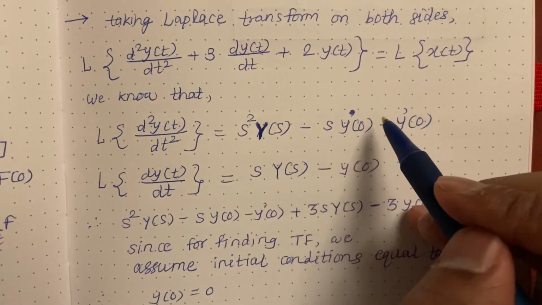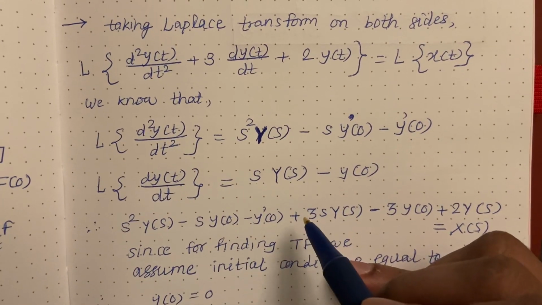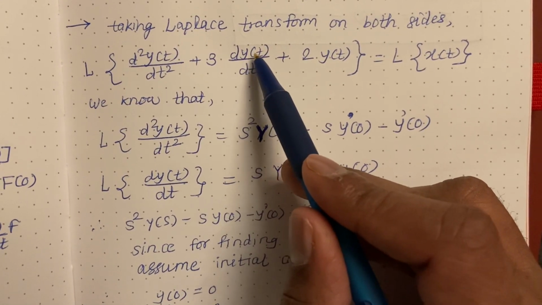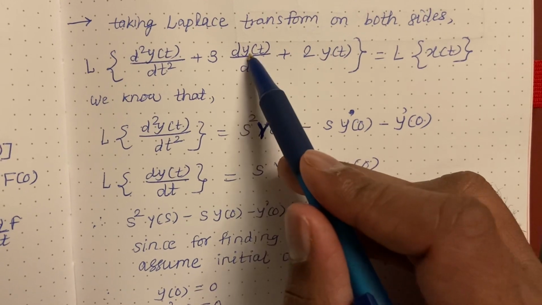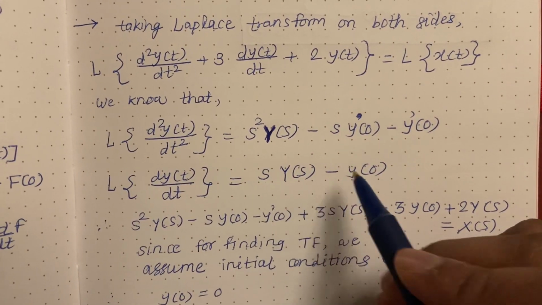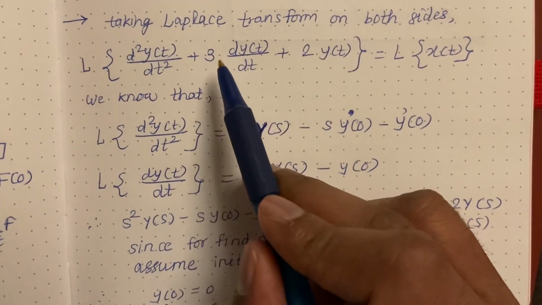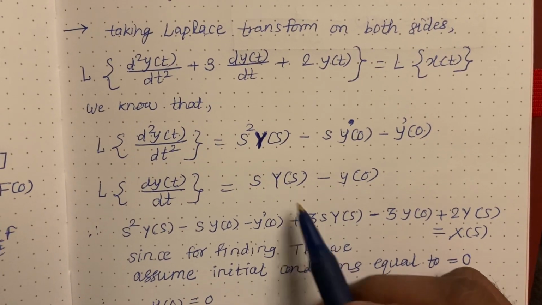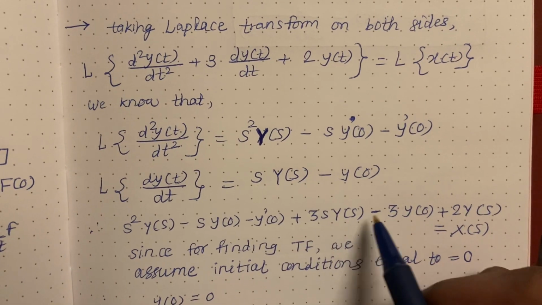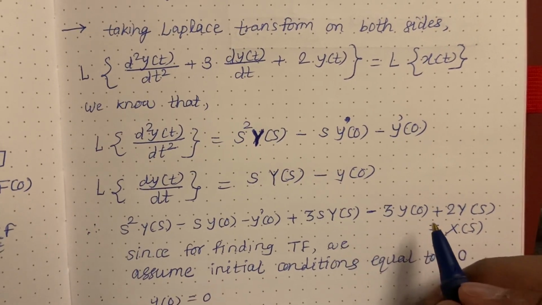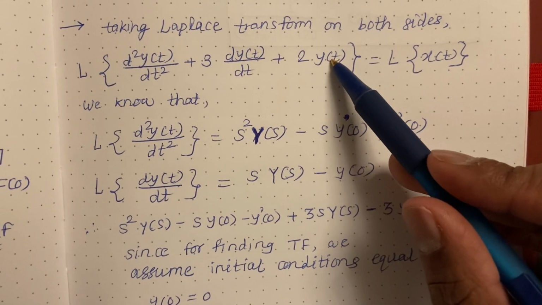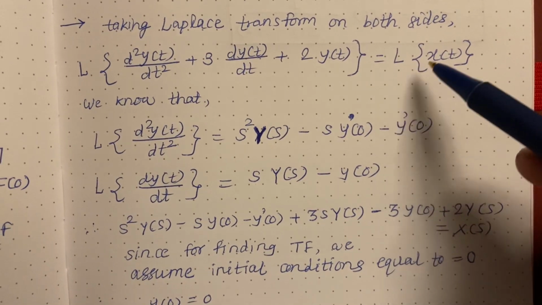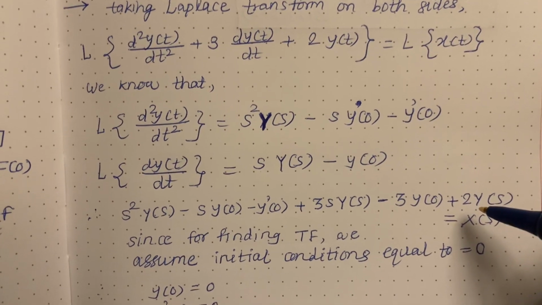Plus 3 into dy of t by dt, we replace dy of t by dt with s y of s minus y of 0, and the multiplier 3 remains as it is. So 3 into s y of s minus 3 into y of 0, plus 2 into y of t, whose Laplace transform is simply y of s, equal to the Laplace transform of x of t, which is x of s.